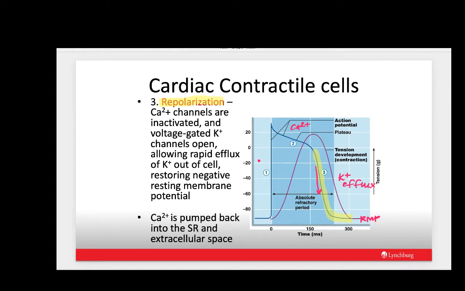So we have sodium, calcium, potassium. At this point in time, any excess calcium is going to be pumped back into the sarcoplasmic reticulum and extracellular space. It's basically going to be pumped out of the cell, and the contraction stops.